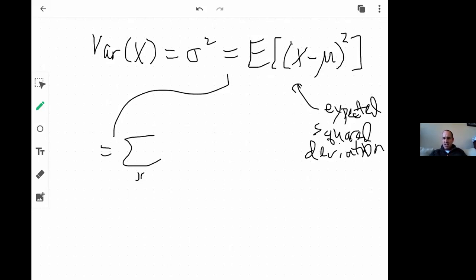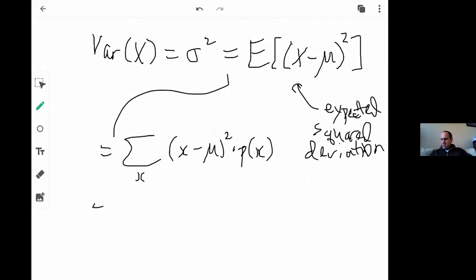Now it's x minus mu squared. Those individual values would be one possible outcome for this new function, and then I want to weight that by the probability that x occurs, so I get a good impression of how much I'm tending to deviate from the mean on average.